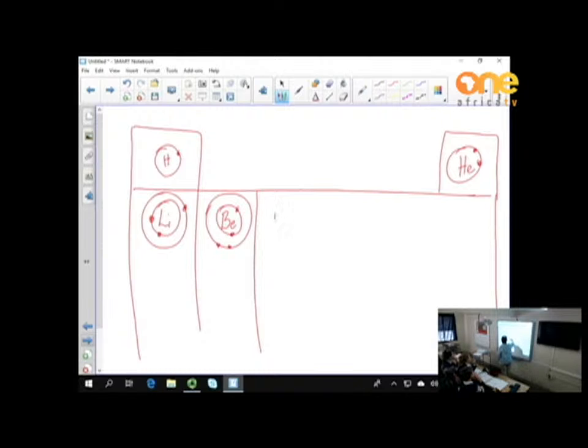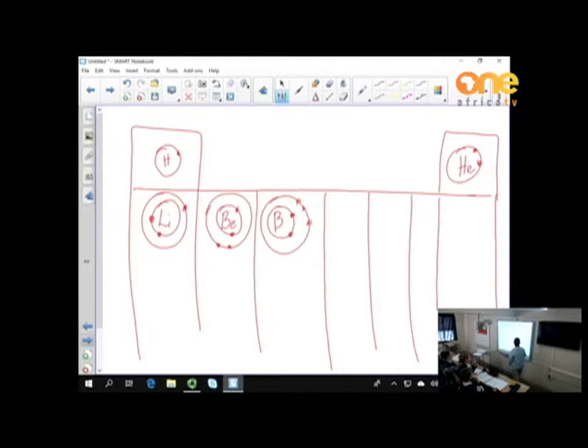All right. Boron has got 5 electrons. All right, and so on. What is the pattern that we get? Can you remember? Those 2 shells in the periods and in the second period, 1, 2, 3, 4, 5, 6, 7, 8.